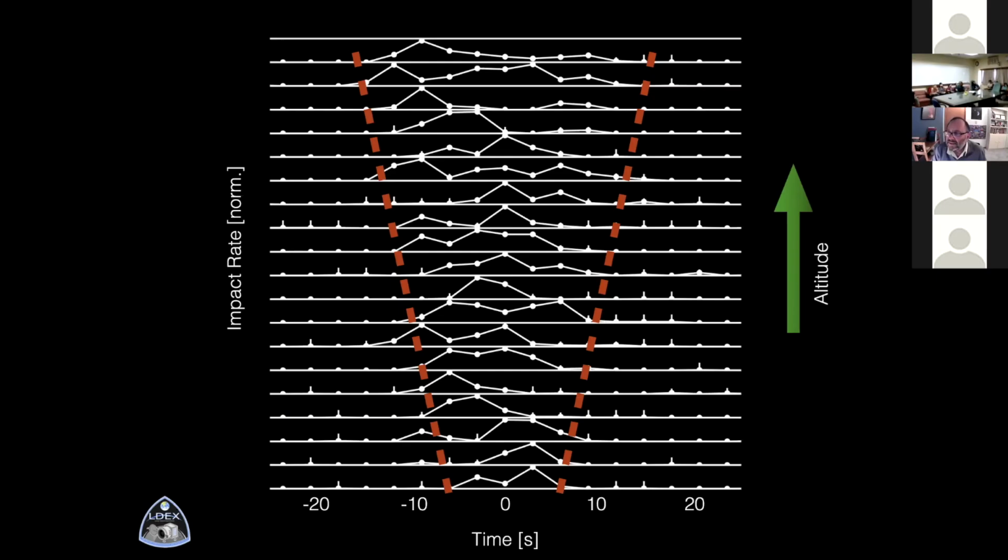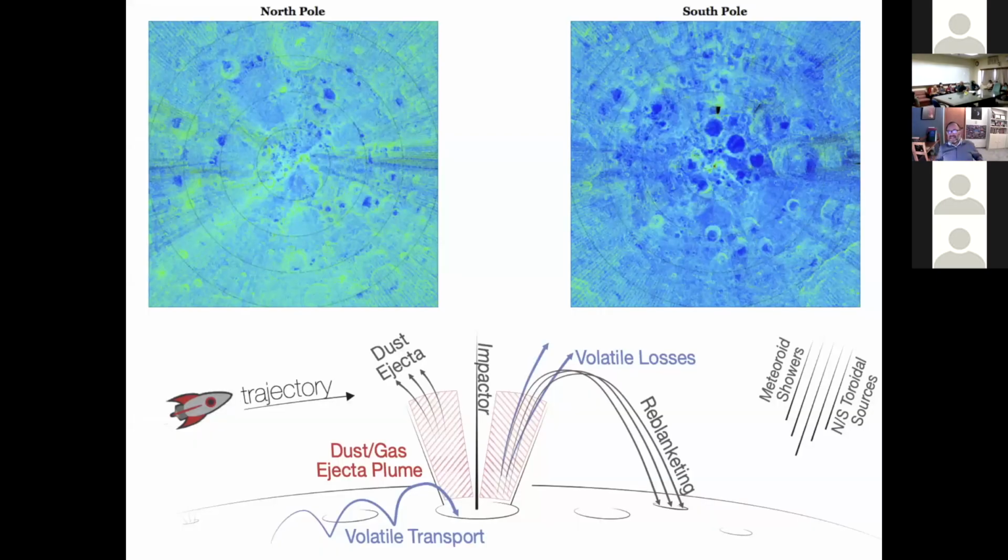But there is something really important about this, because if you detect a plume, you could certainly figure out where on the surface it came from. Typically, the height of the spacecraft is the spatial resolution of the footprints from which we can detect particles. So imagine that this is, for example, the North Pole and the South Pole of the Moon. And these dark regions are regions where sunlight never enters.